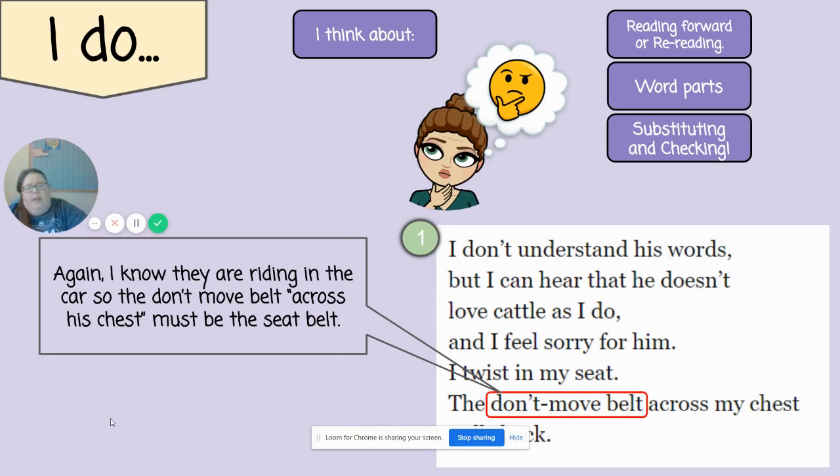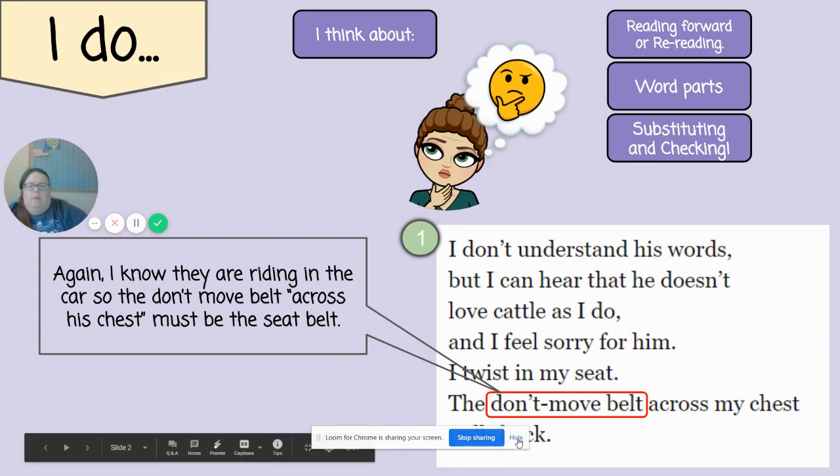I feel sorry for him, and I twist in my seat. The don't move belt across my chest pulls back.